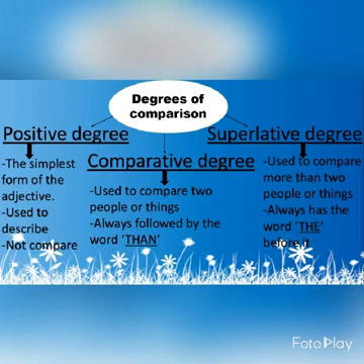Like in the example sentence, Rajesh is the tallest of the 3 boys. Here I am comparing Rajesh with Ajay and Vijay, and the adjective which I have used there is tallest. So it will come under superlative degree. I hope the 3 degrees are clear to you all.